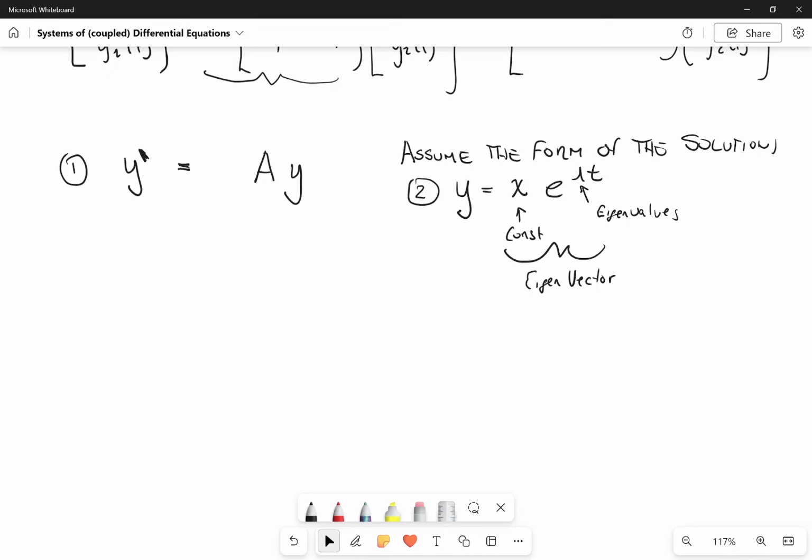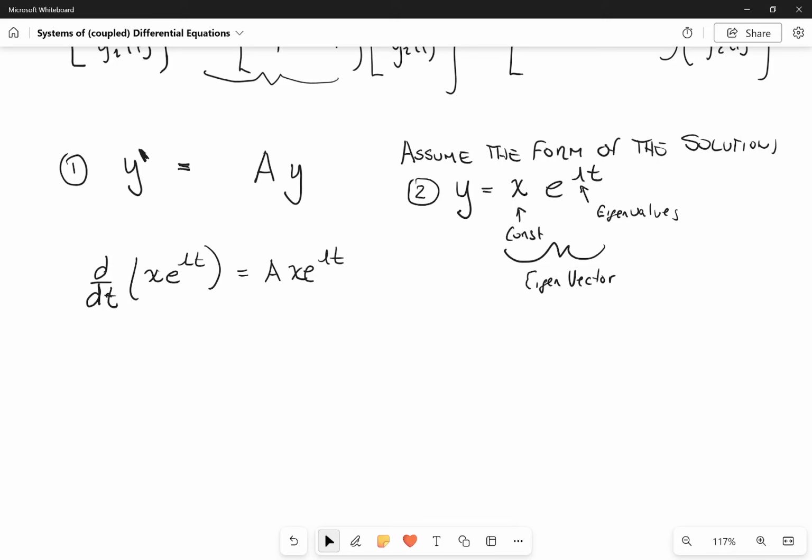Now, d by dt of y, where y is x e to the lambda t, equals a x e to the lambda t.